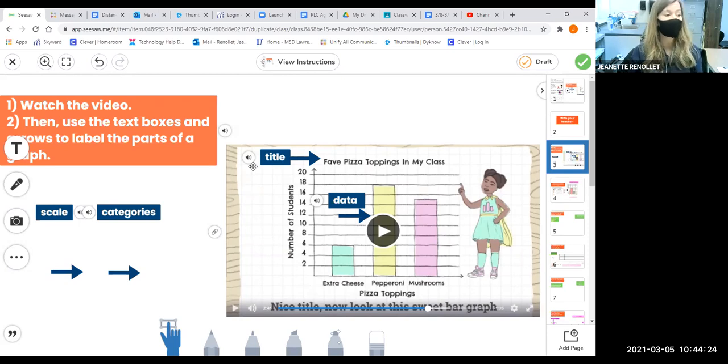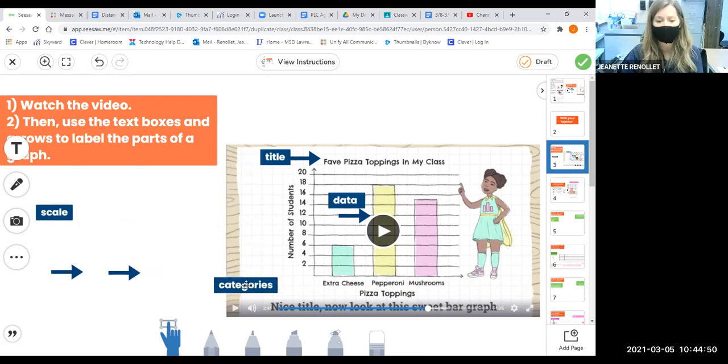Third, we're going to label the categories. I notice in this example, since it's talking about favorite pizza toppings, my categories are at the bottom. My categories are telling me what type of pizza toppings. So I'm going to drag the word categories to my example. And I'm going to take another arrow.